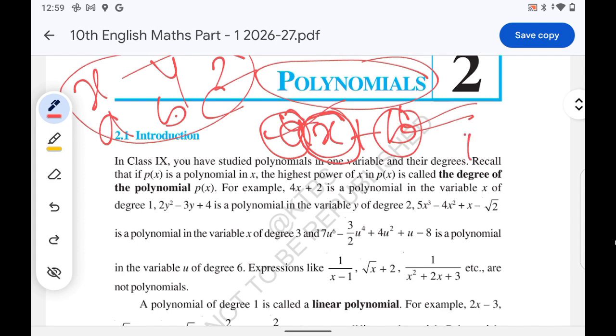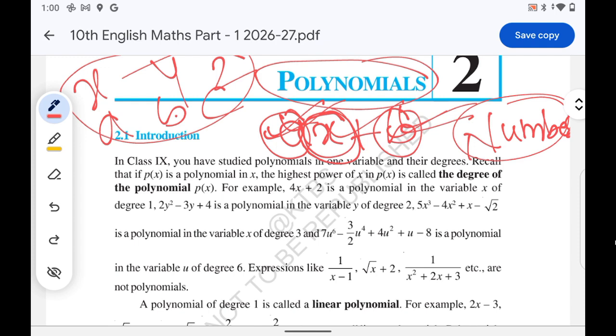Constants means here it includes numbers. So the value of number doesn't change. It will be constant. So they are called as constants. So this is what you should know. And next thing, coefficients you know, variable you know, and power you should know. A degree of a polynomial is being determined by the highest power of that equation or polynomial. So what is degree of a polynomial?